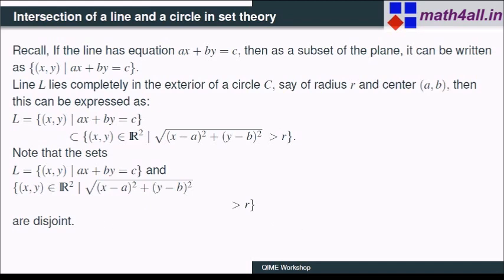This line can be represented as a set of points, the circle can be represented as a set of points. So if this line as a set of points is disjoint from the circle as a set of points, then this line will not intersect and so on. So you can go to set theory and write this in set theory also.